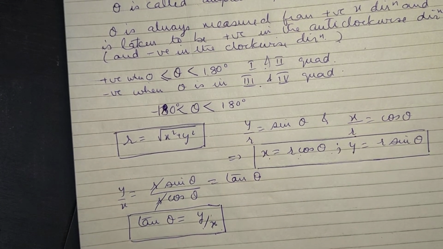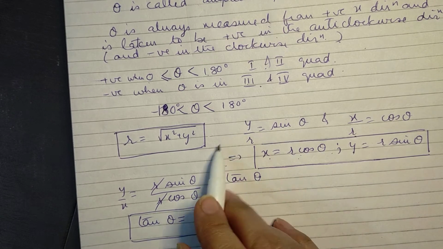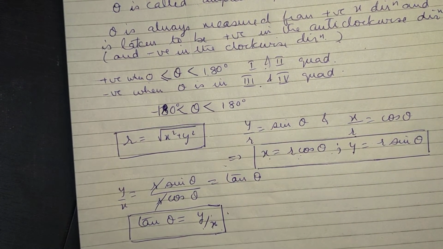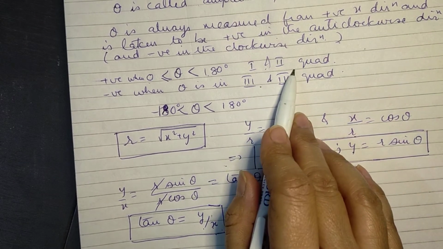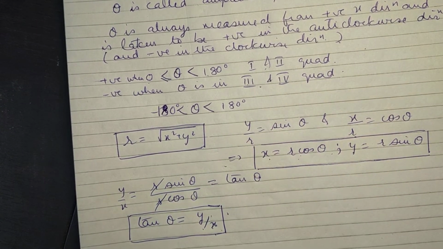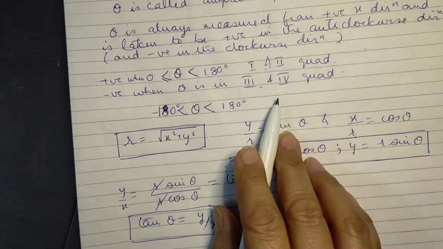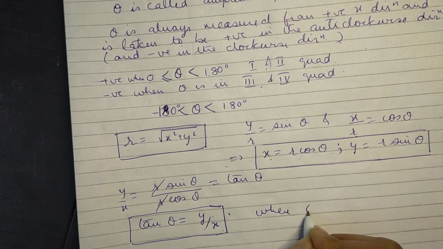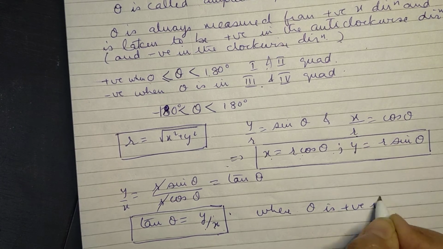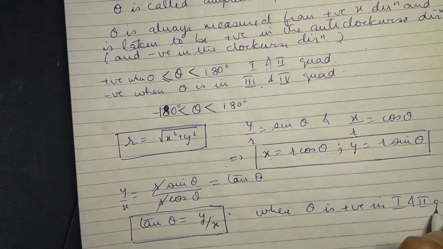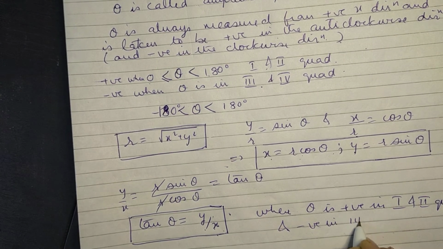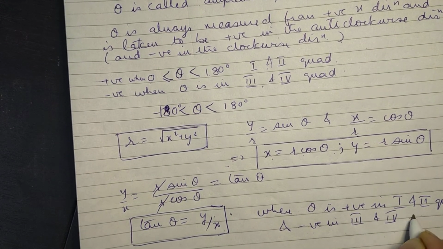Here we will report theta as positive in the first and second quadrants and negative in the third and fourth quadrants.